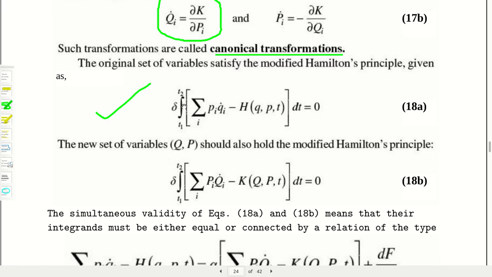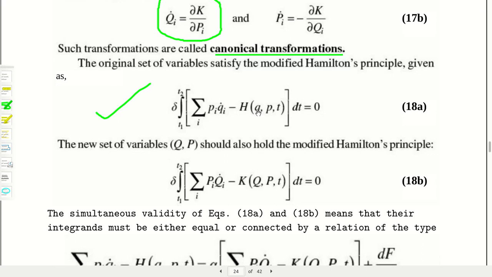Delta is the virtual variation at the end points, on the path t1 to t2, and this is a time integral. See the Hamilton's principle, here it is written L, that is the Lagrangian, and we put the formula for L, which is pi qi dot minus H.